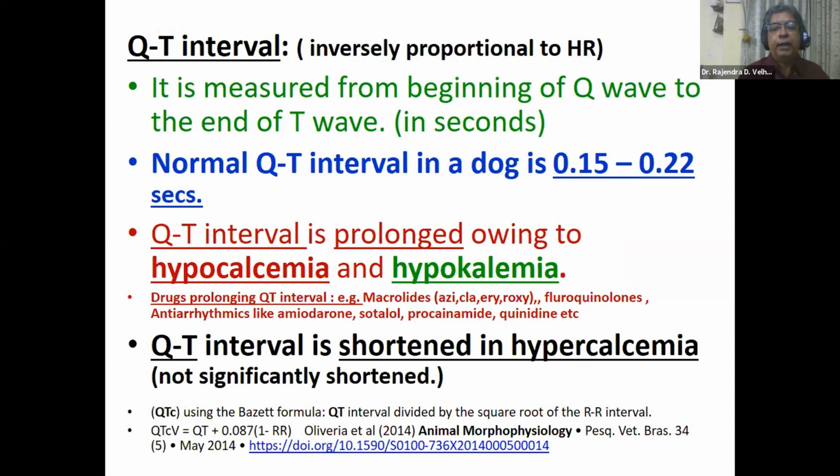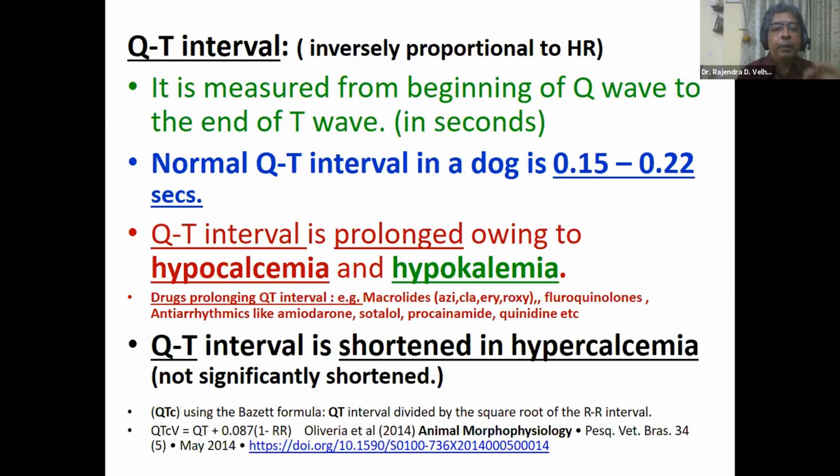Now QT interval is prolonged owing to hypocalcemia and in hypokalemia. Certain drugs like antibiotics like macrolides, fluoroquinolones, or antiarrhythmics like amiodarone, sotalol, procainamide, quinidine, they prolong the QT interval.